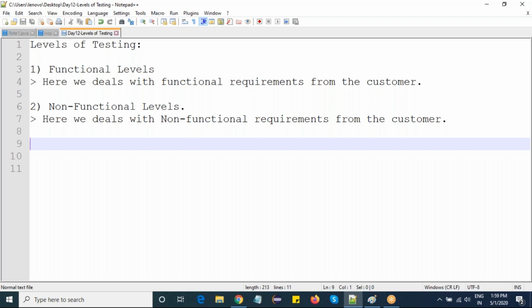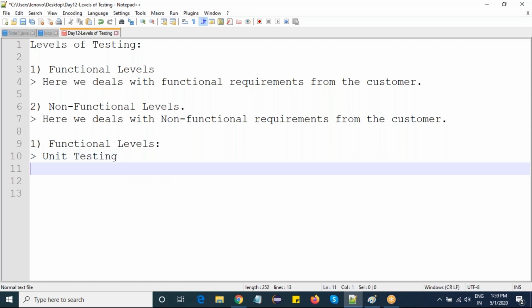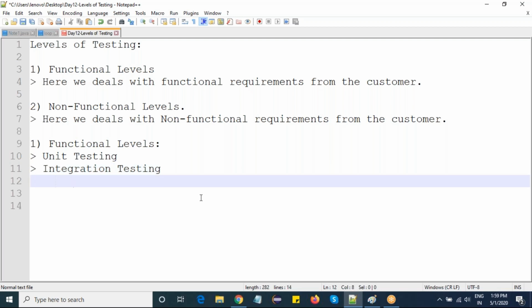Functional levels have different types. In functional levels, the first type is unit testing. The second one is integration testing. In integration testing, again we have types.